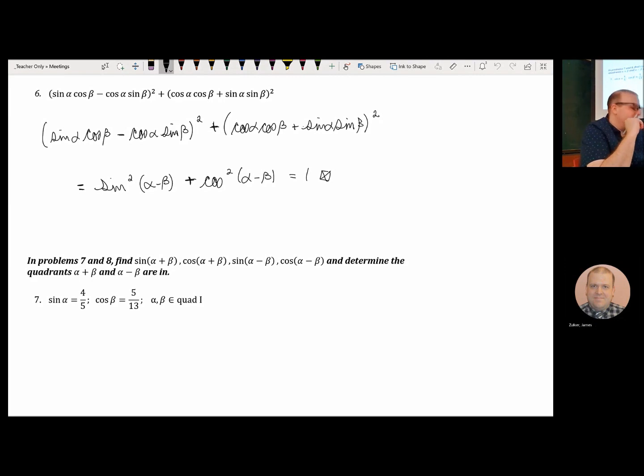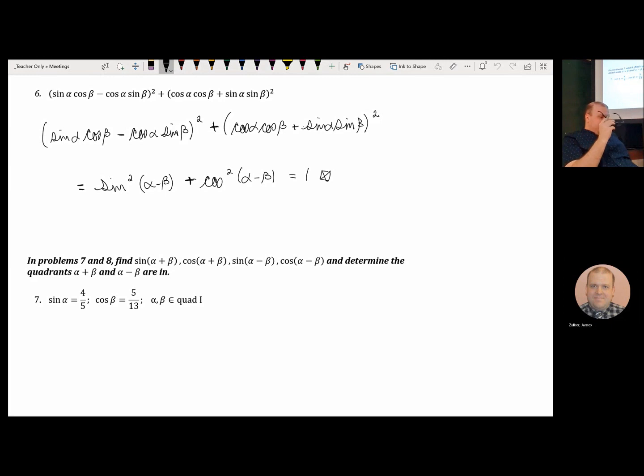What we want to do is find sine and cosine of both alpha plus beta and alpha minus beta, as well as the quadrant that those two angles are located in, using the given information.